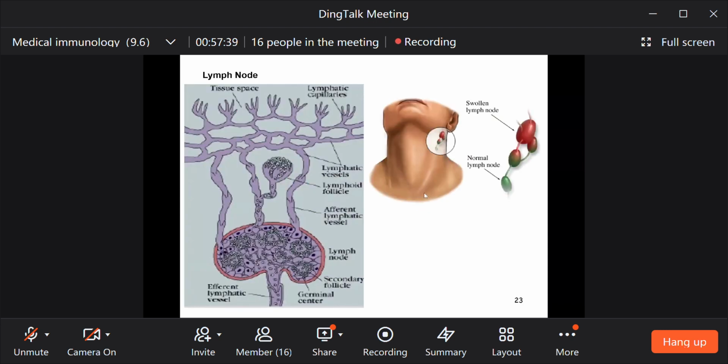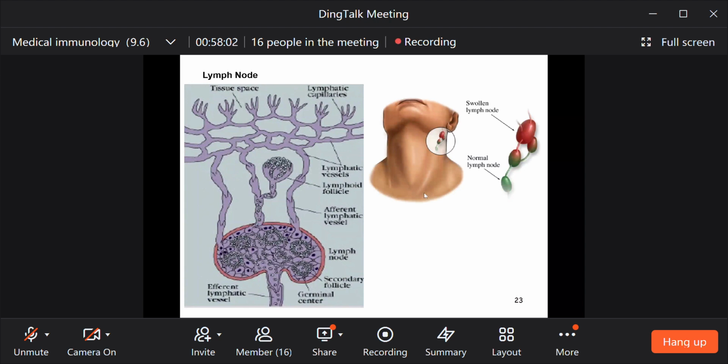The lymph node acts as a filter for the lymph before it returns to the blood. 99% of all the foreign substances that arrive at the lymph nodes are removed.